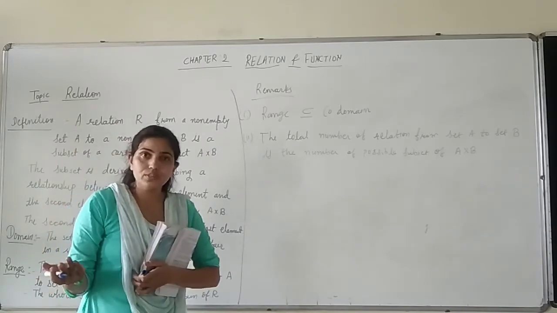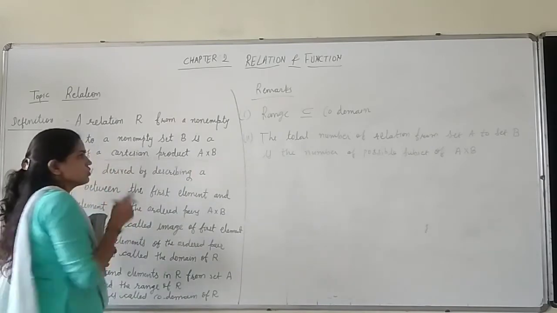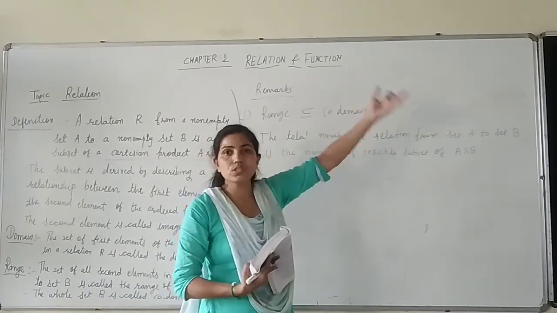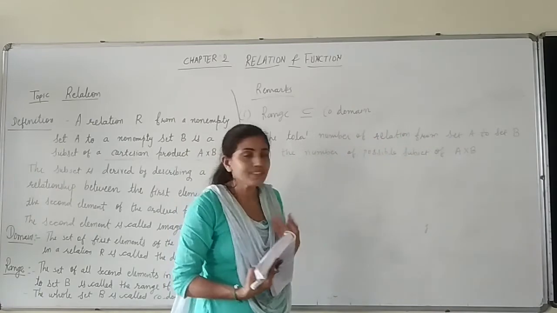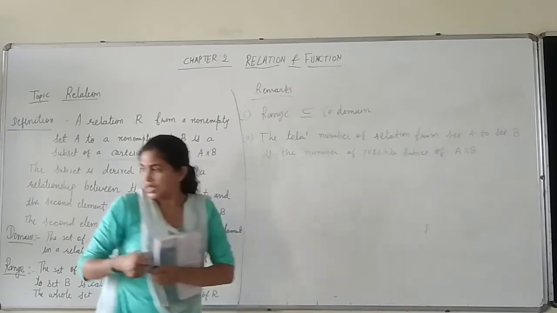What is a relation? Relation is a subset of the Cartesian product. So it is clear that for the total number of relations from A to B, we need the possible number of subsets.